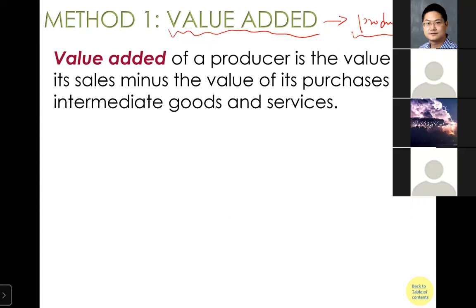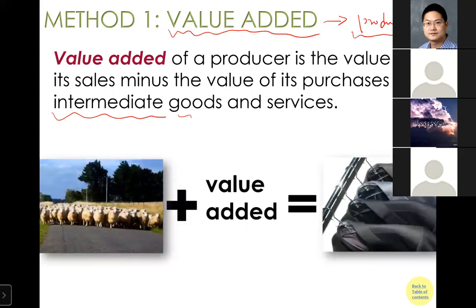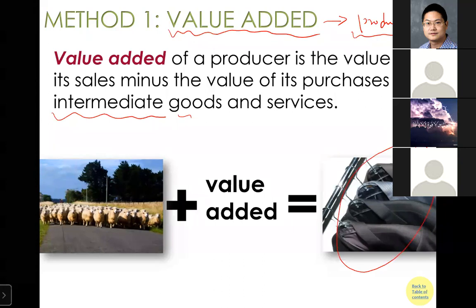So value added of a producer is the value of its sales minus the value of its purchases of intermediate goods and services. So that's value added. The background picture shows you what value added means. On the right-hand side, this garment, this clothing, is a final good. It is sold to the final customer, so it has its market value.